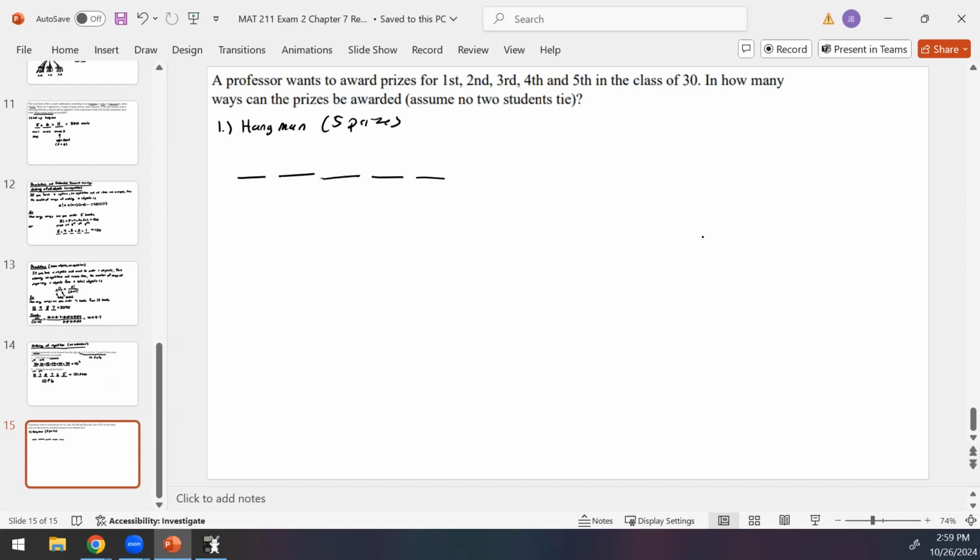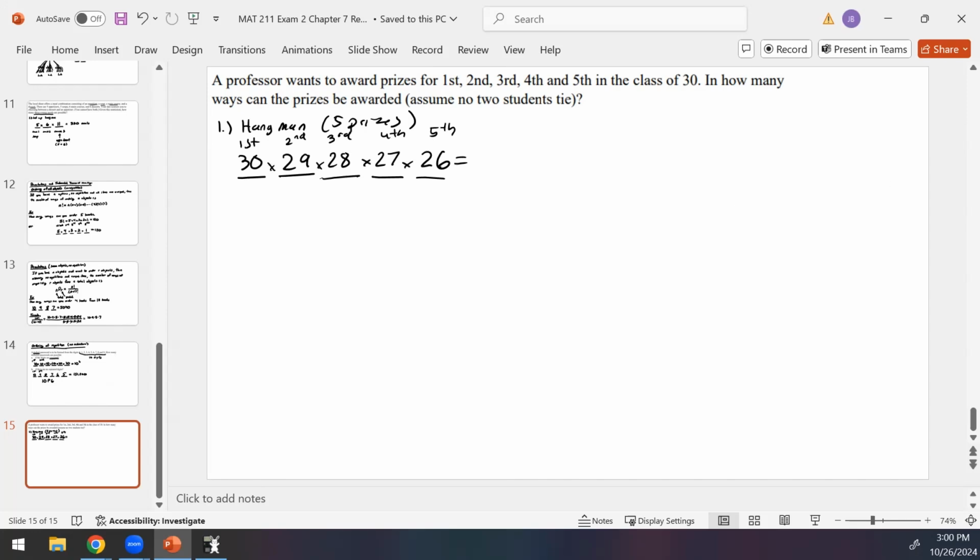So then how many students can get first place? Okay, so I have 30 students. So 30 people can get first place. But once a person gets first place, they can't get second place too. So then my second place, and then my third place, and then my fourth place, and then my fifth place, right? And then you just multiply all of these.